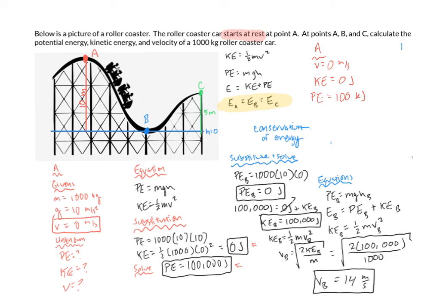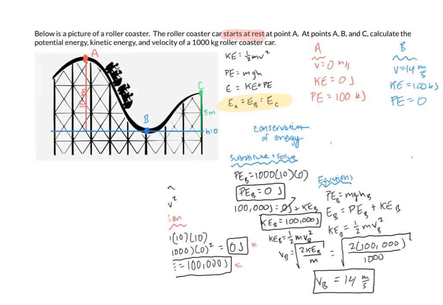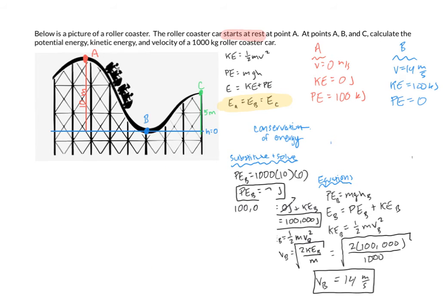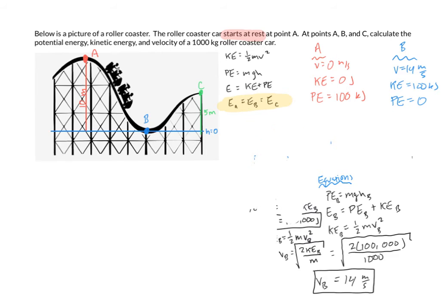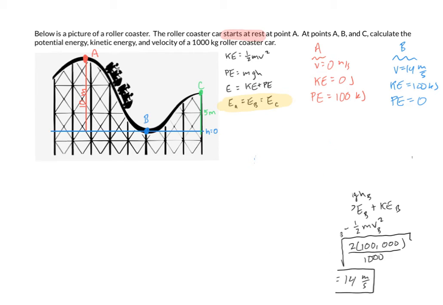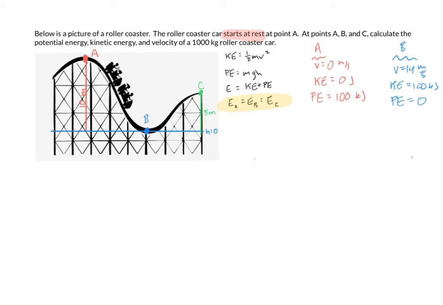At B, V equals 14 meters per second, KE equals 100 kilojoules, and PE equals 0. And now I'm ready to erase everything else and move forward into point C, my last point on my roller coaster. Stay with me, folks. We're almost done with this video.